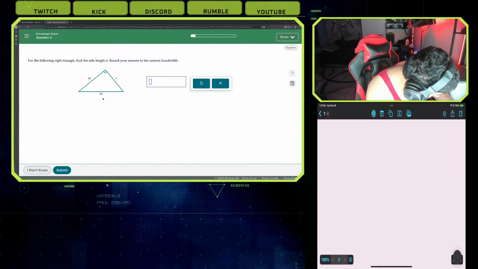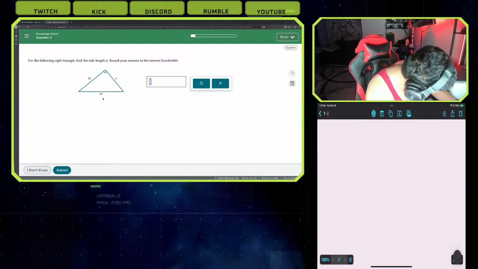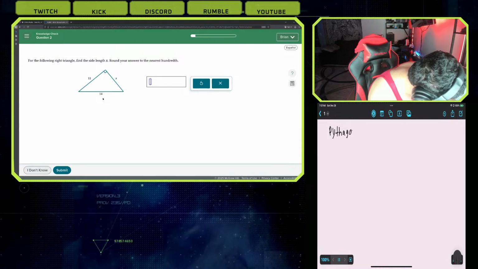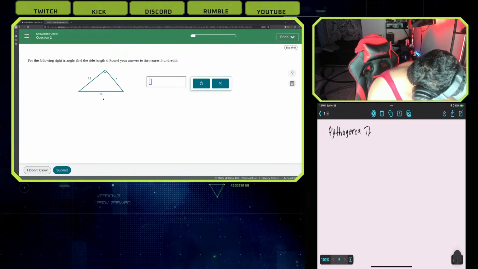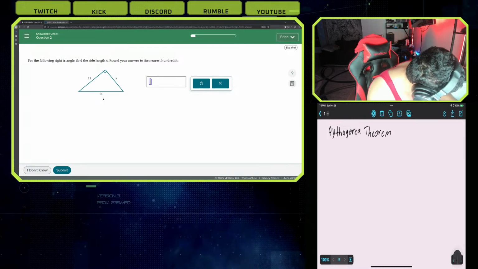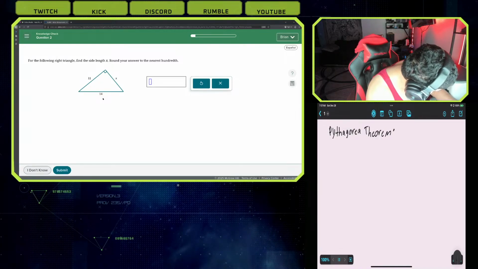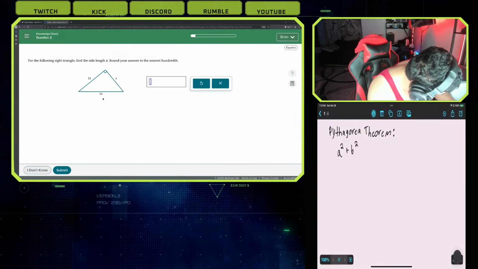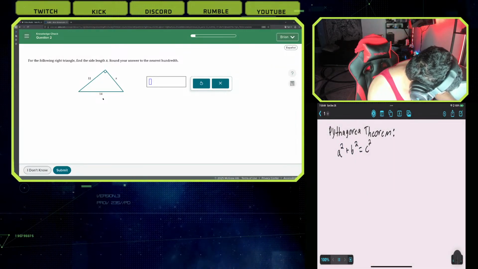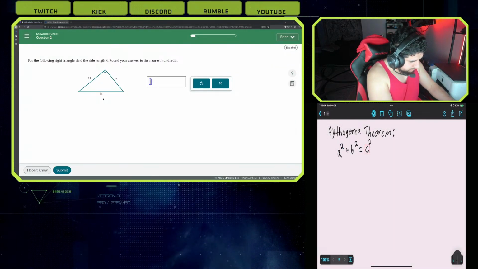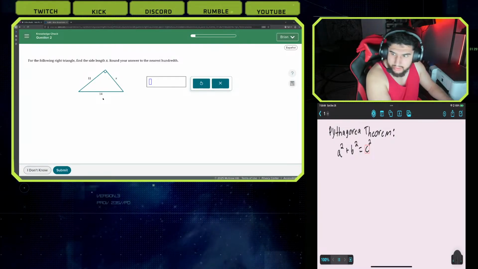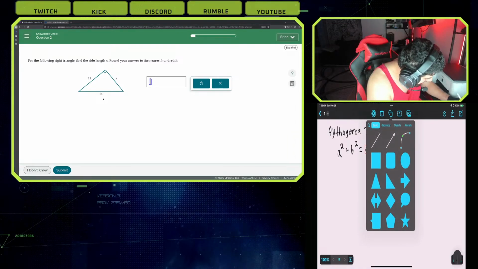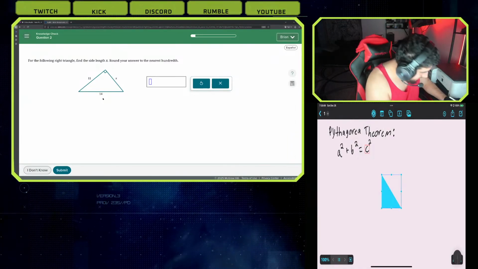The Pythagorean theorem, all right, is a squared plus b squared equals c squared. Now, we're given a triangle. Should I draw it the same way? Or actually, I don't have to draw it. I could just insert it.